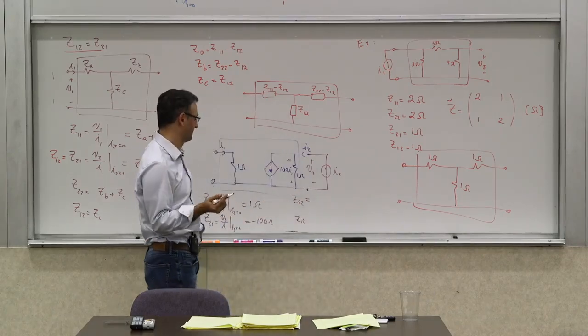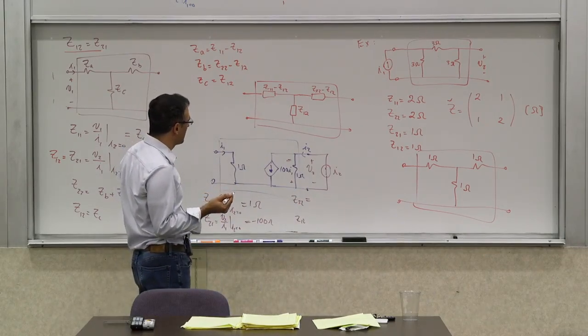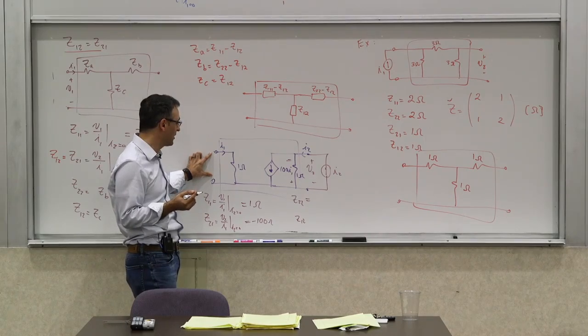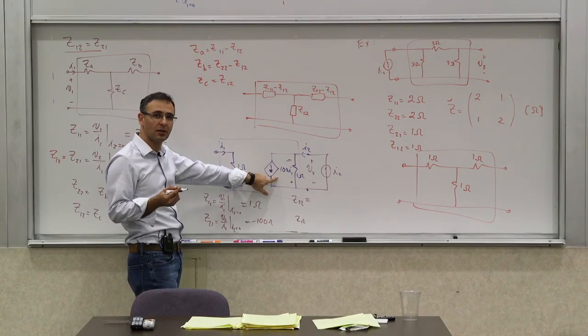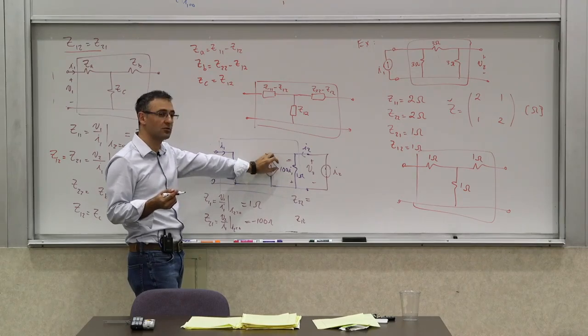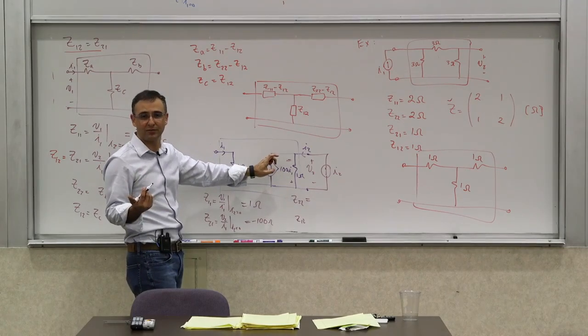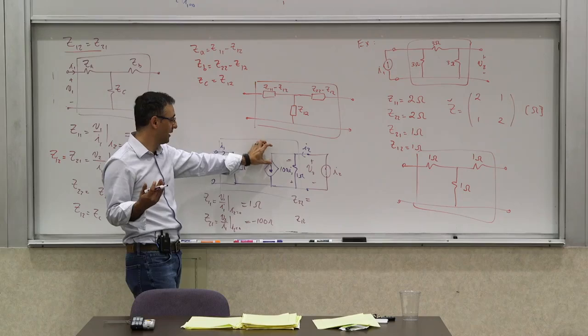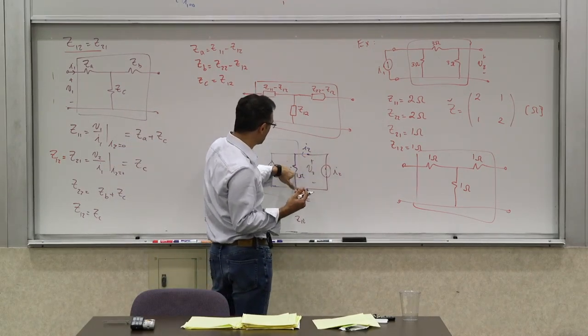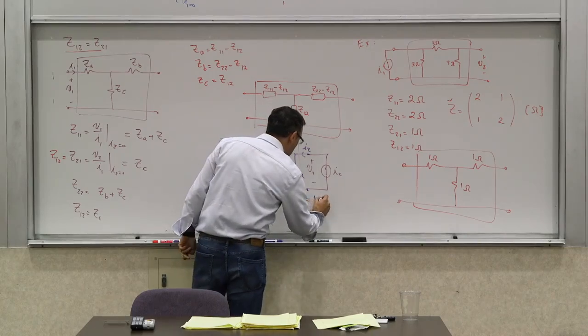What do we get? If this is open, we've kept I1 at 0, so what happens to this current source? Its value is 0 because I1 is 0. And a current source with the value of 0 is an open circuit, so it doesn't exist. So you have this current going through this resistor, and you will get 1 ohm.